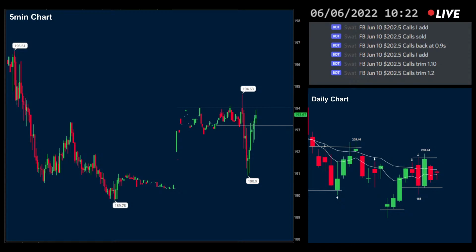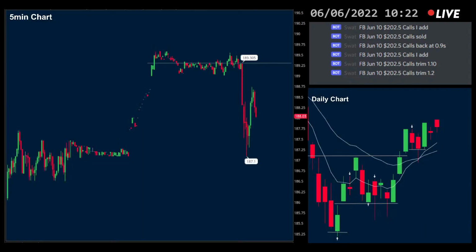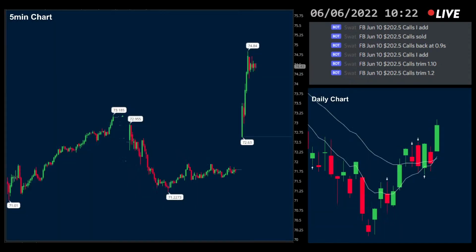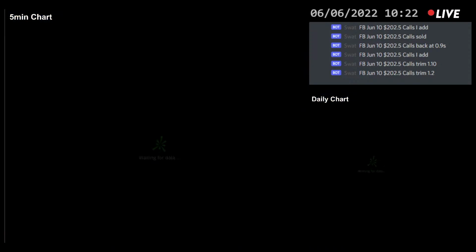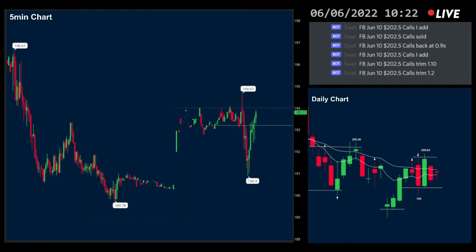But yeah, the market is really all over the place. Now IWM fading again, Jesus. Slow now, very, very slow. So I'm trying to be patient here.